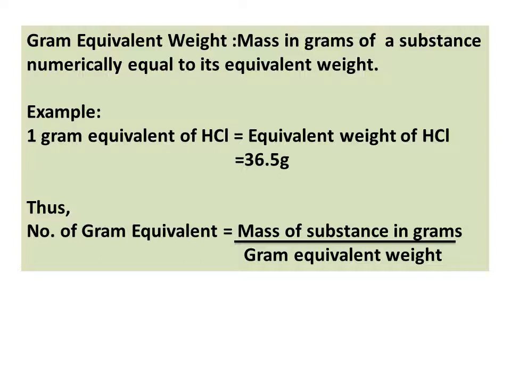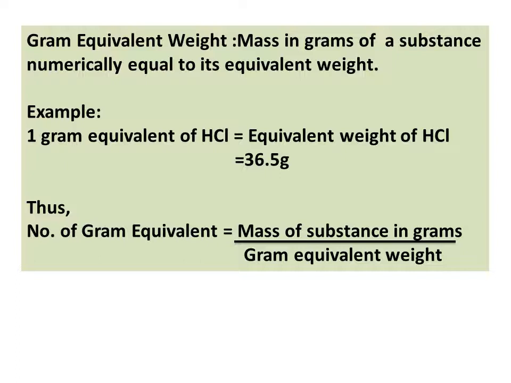So 1 gram equivalent of HCl is equal to the equivalent weight of HCl in grams, 36.5. That is the gram equivalent weight of HCl. 1 gram equivalent weight of HCl is 36.5 grams.